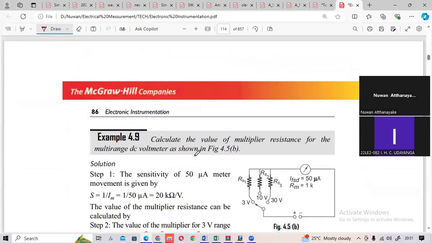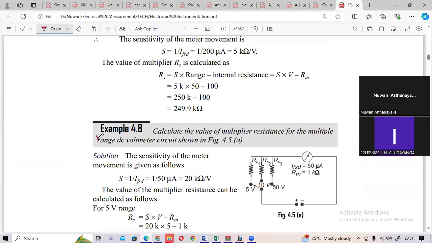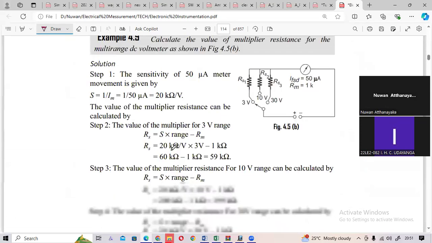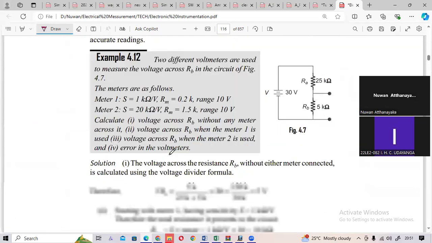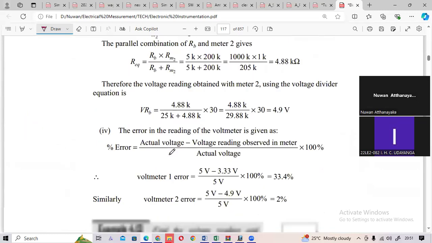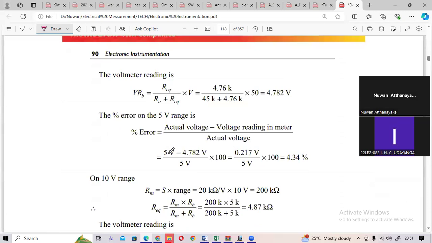Try to do the examples up to example 4.8 also. That will be enough. So that is how we can measure AC and DC current and voltage using analog techniques.